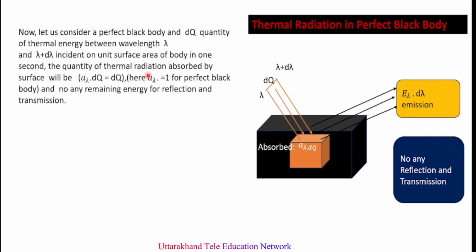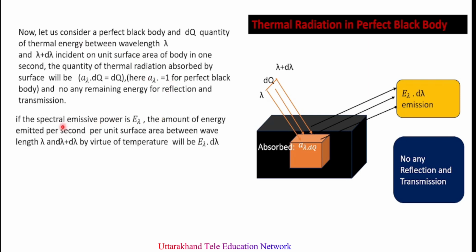Here E_λ dλ will be emitted, and A_λ dQ is equal to dQ. That means the absorptive power of a perfect black body is equal to 1, so the total amount of incident radiation will be absorbed.